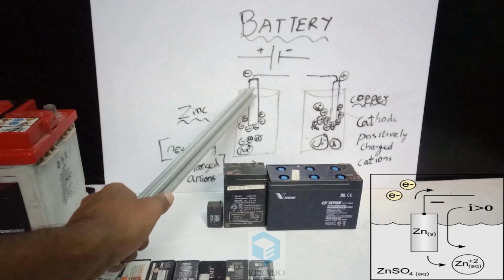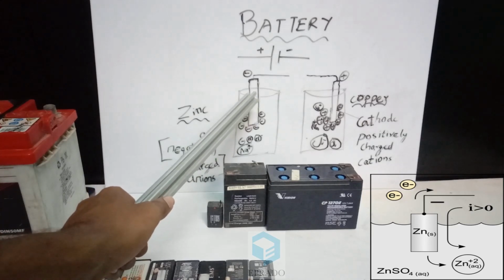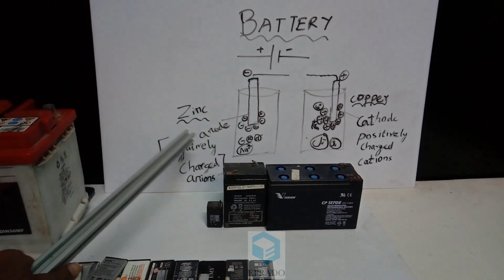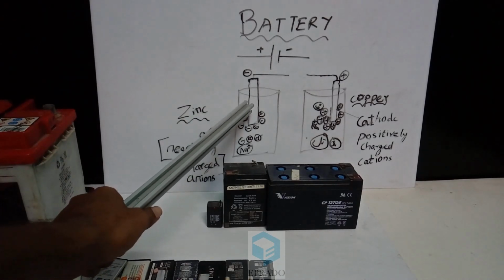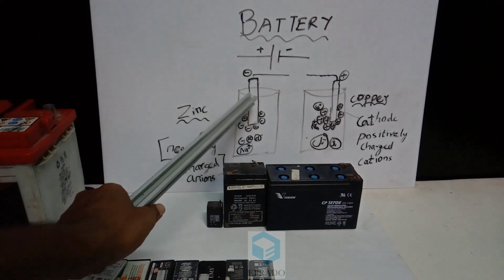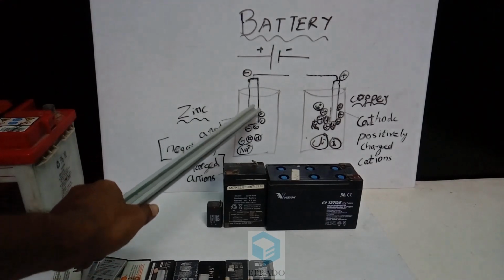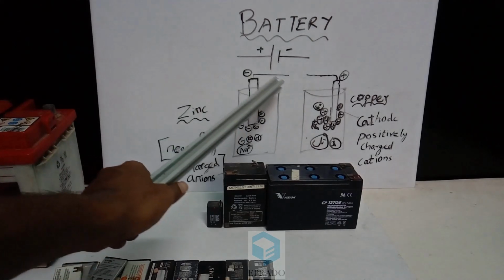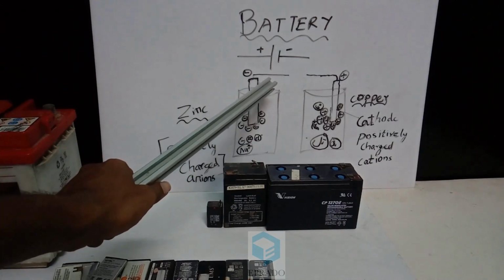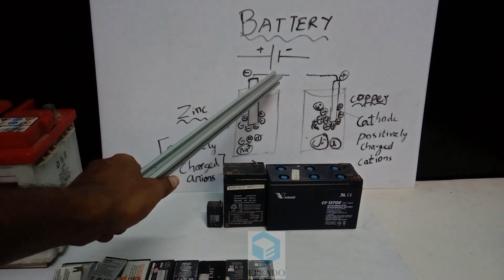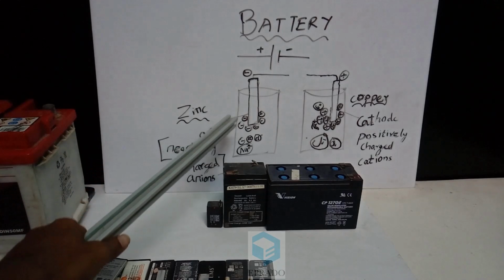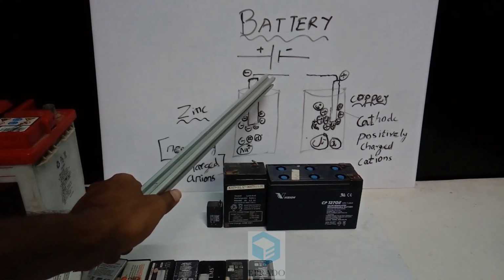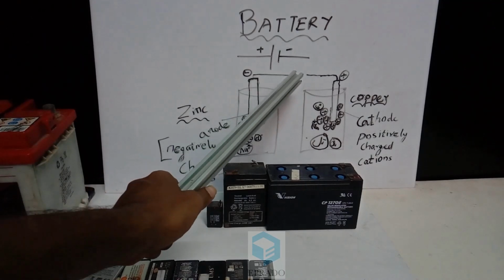So if we insert the zinc metal, all the negatively charged anions will be attracted towards this zinc metal, and the zinc metal will absorb these electrons and give them out through this wire. So in general this wire will have a lot of free electrons, and these free electrons will push the free electrons in this wire towards this direction.